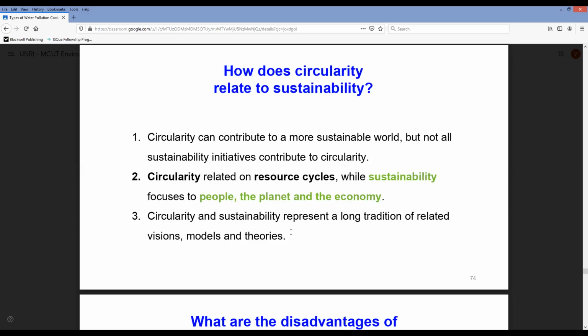So with sustainability, we care about people, the environment, and the earth. Circularity and sustainability represent a long tradition of related models and theory. Okay, next.